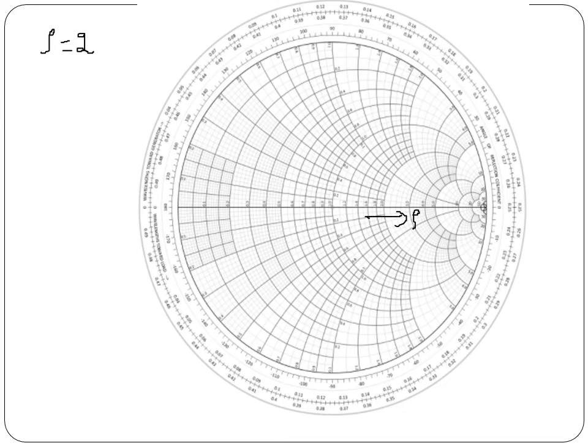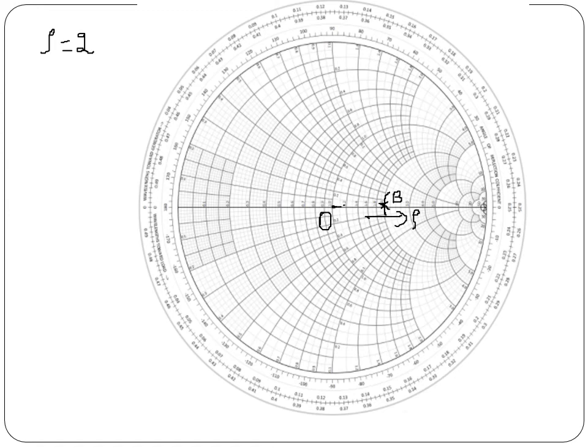The value of SWR equal to 2 is read as the value R at point B. Here R equals 2 on the chart. 1.0 is always the center of the chart.